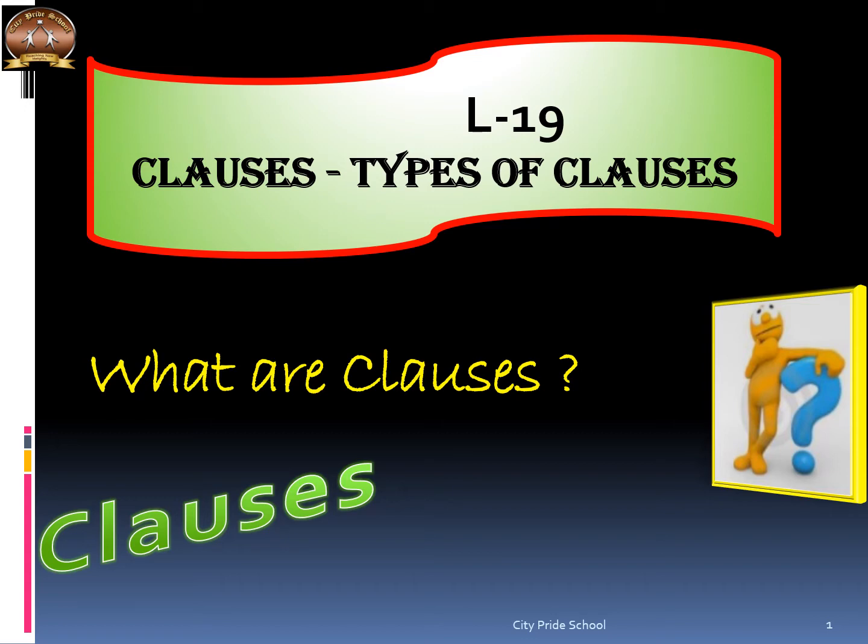Now, we'll restrict ourselves to learn main and subordinate clause. Subordinate clauses, though, are further divided into different types like adjective clause, adverbial clause, noun clause, but we won't get into that detail. That you'll get to learn in 8th standard. So as of now, we learn types of clauses, main clause and subordinate clause.